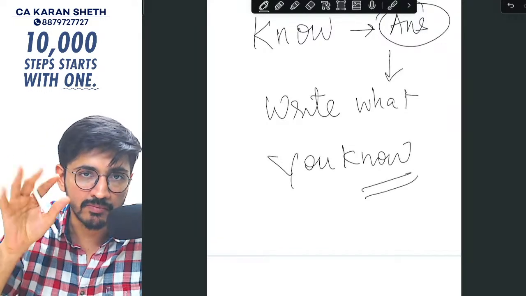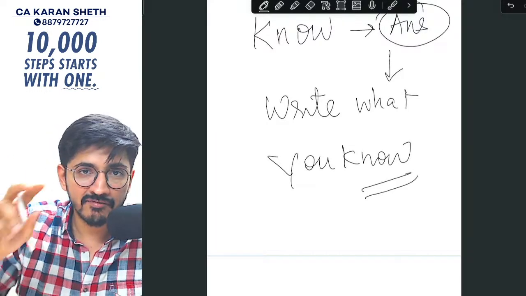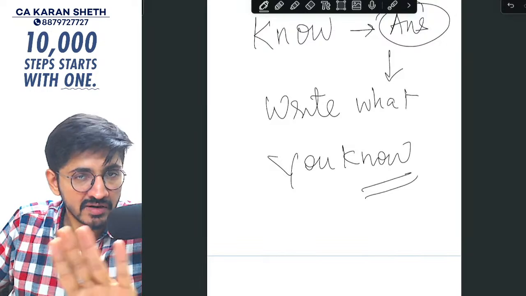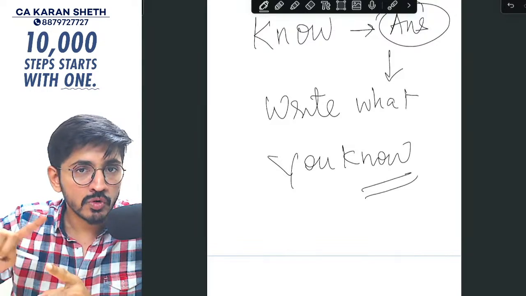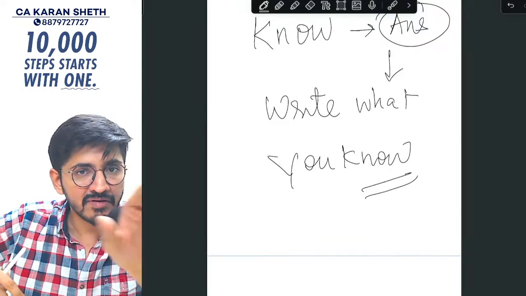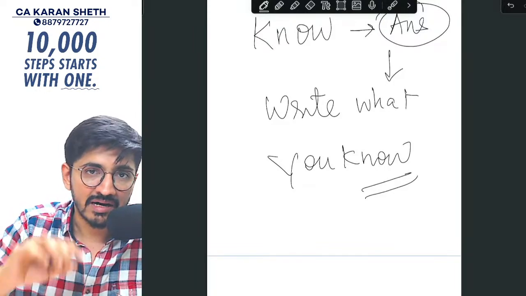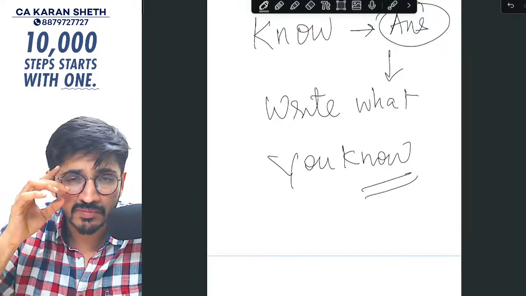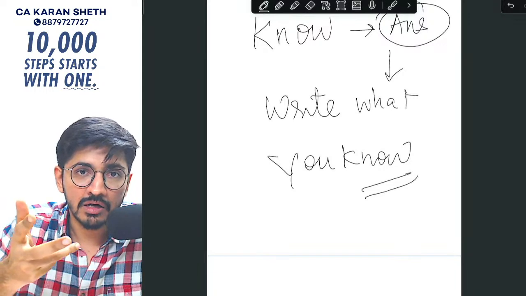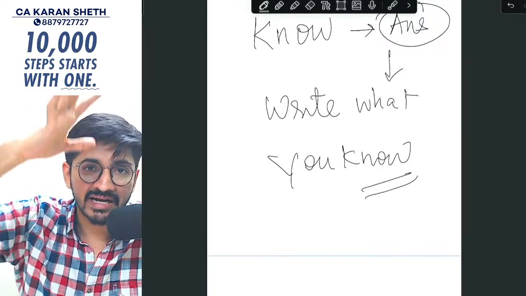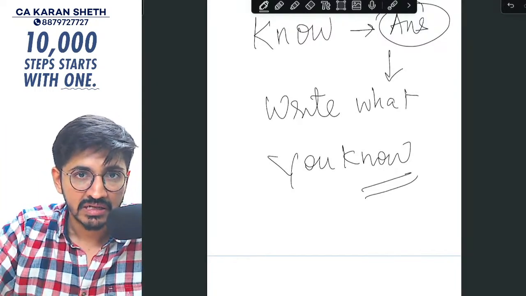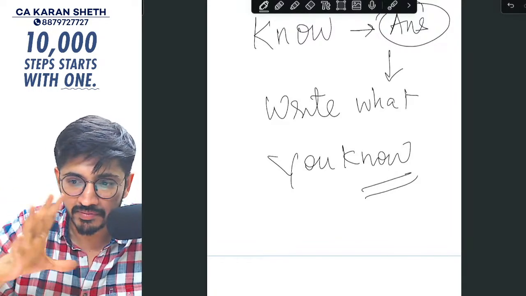You should know the concept well. But that also means that if you know the concept wrong, your answer will also be wrong. But if you know the concept well, you can easily frame the answers. Understand? ICAI is not looking out for some grammatical superlative Shashi Tharoor English. It is looking out for simple English, and that is what you need to do. Okay, that's it.